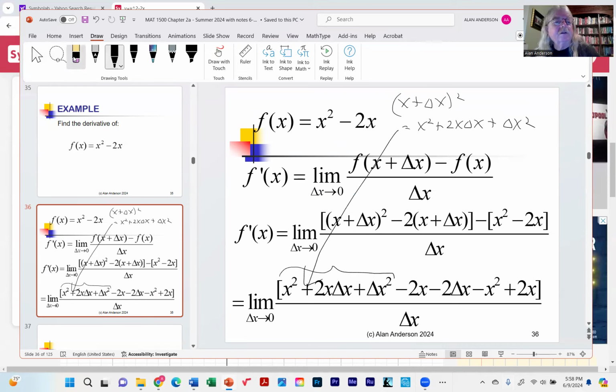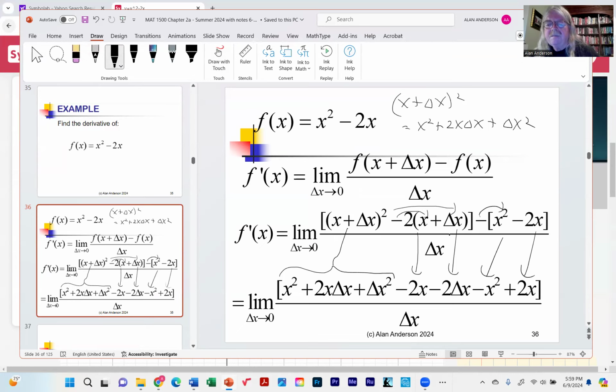Actually, I could have drawn that a little better. Now, of course, here I've got to distribute this -2 across these two terms, -2x minus 2 delta x. Here's the same thing. I've got to distribute this negative across these two terms. This becomes plus. And now, of course, it's just a matter of simplifying, and then maybe we can reduce this a little bit.